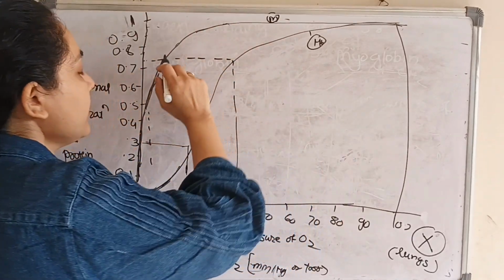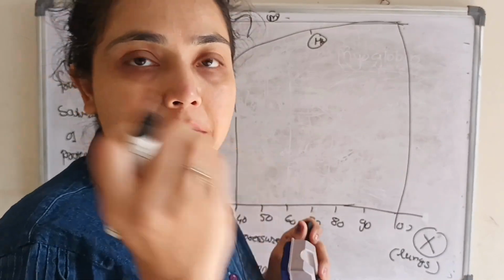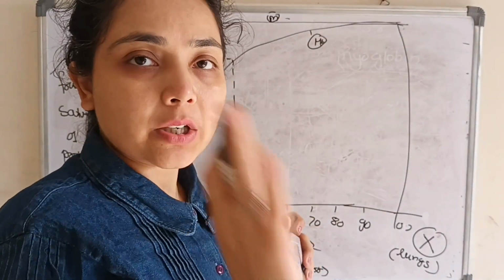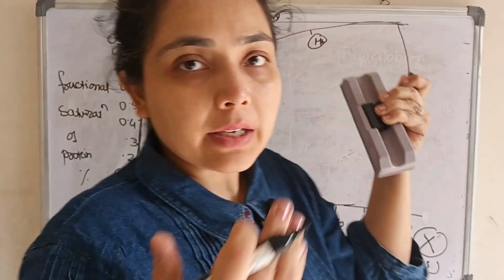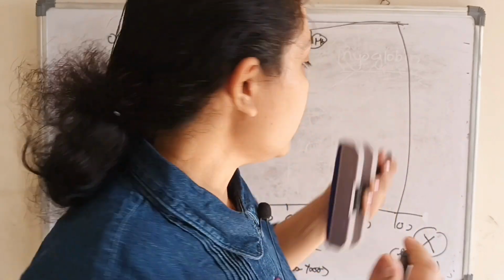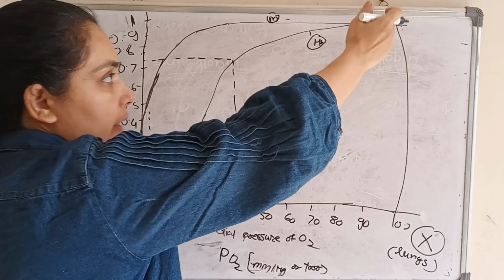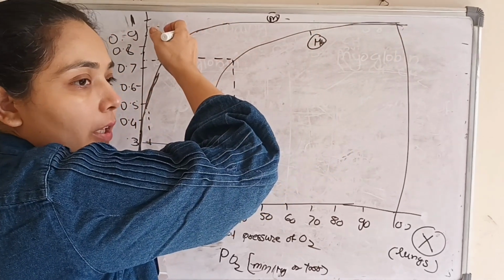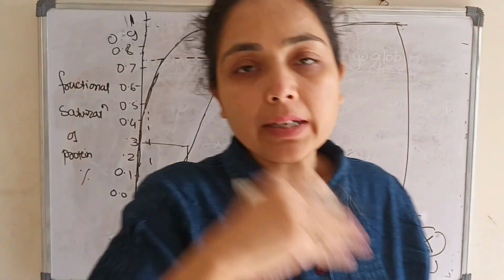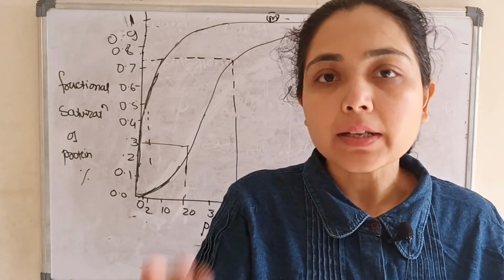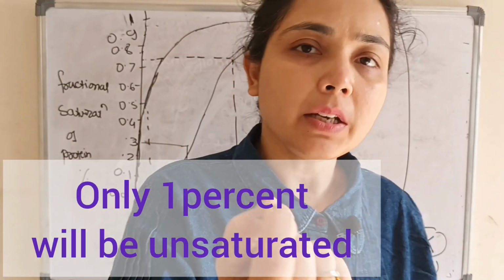So this way we discussed that it is a binding curve, and at 2 mm of Hg, 50% of the myoglobin will be saturated with oxygen. Now coming the other way, as we decrease the partial pressure of oxygen: we discussed that at 100 mm of Hg, 98% of the hemoglobin is saturated, but coming down, in the resting tissue, when the partial pressure of oxygen is 40, only 1% is unloaded here.